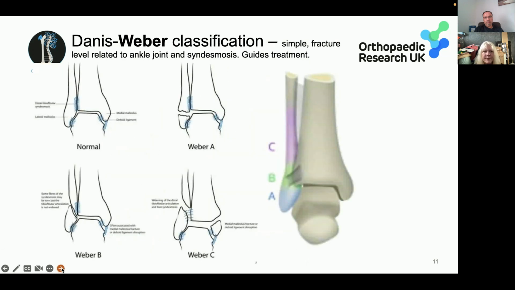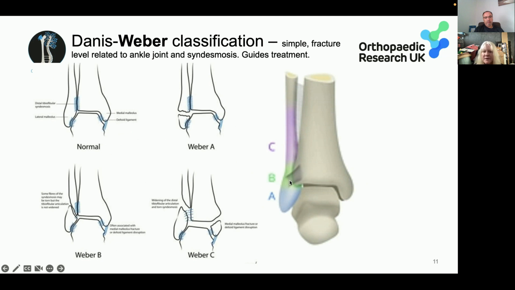Let's have a look. So this is the Weber classification of ankle fractures. It's a pretty simple classification system, and it directs your treatment. So this is the one that we tend to use. And if we look at it, it's quite simple. It's all based on the fibula.